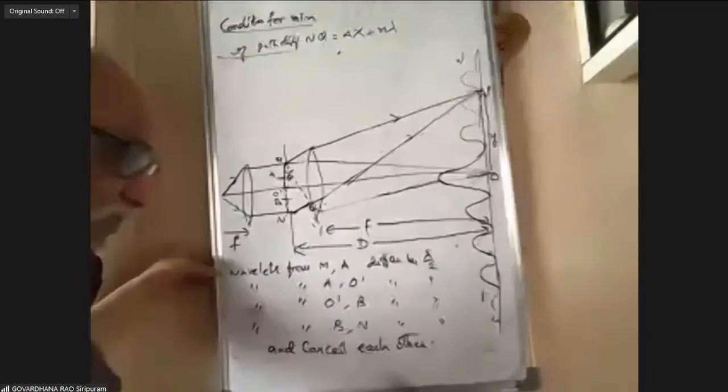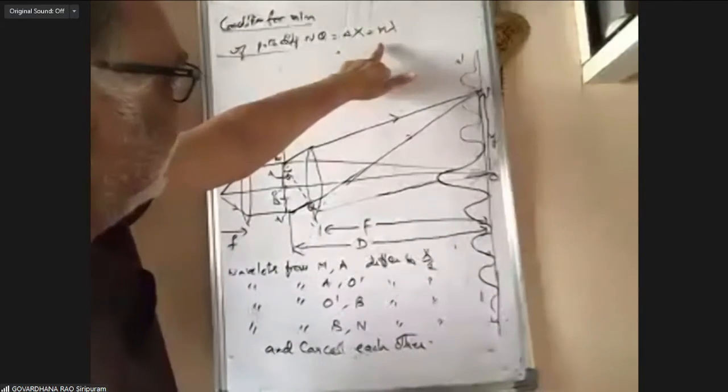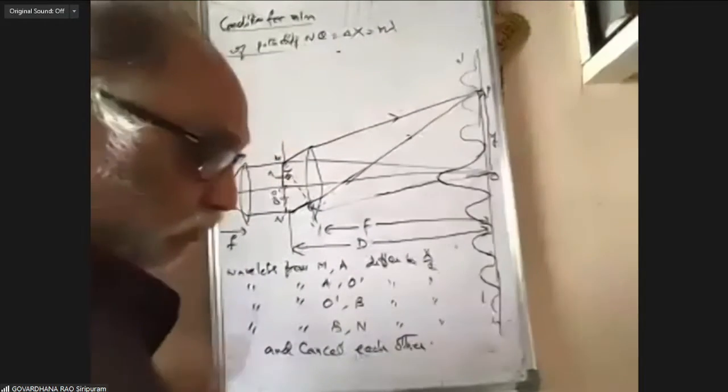So the condition for minima is path difference n lambda, where n equals 1, 2, 3, 4 and so on. Correct?